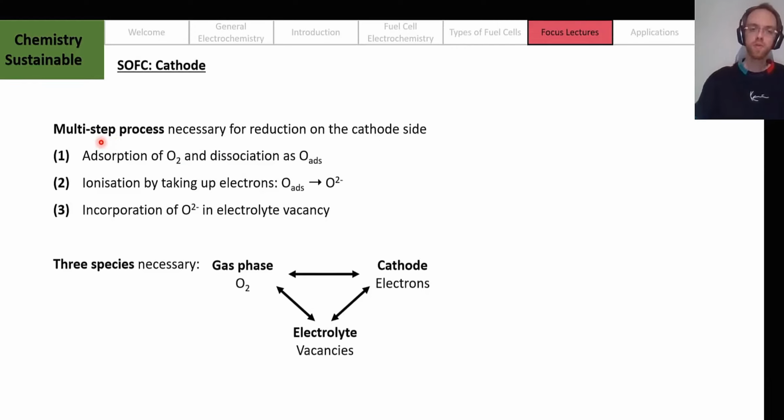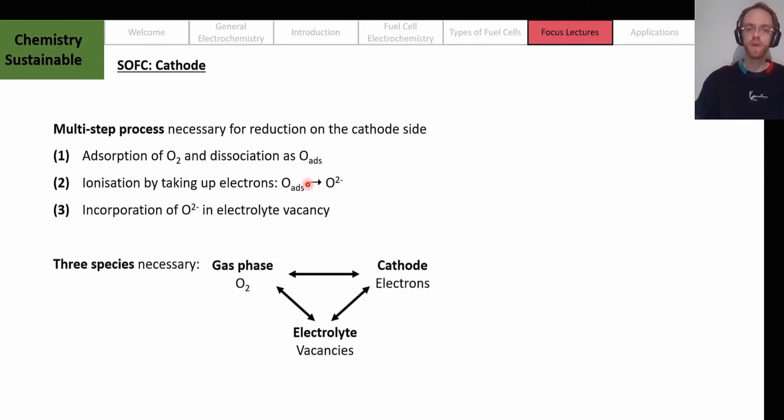So as I already told you, the reaction at the cathode is a multi-step process, and this is necessary so you can conduct this reduction reaction. First of all, you need to adsorb oxygen to your cathode and dissociate it into a species which we will just call oxygen adsorbed. In the next step, you have to reduce your material on the cathode, forming this oxide ion from your oxygen adsorbed species.